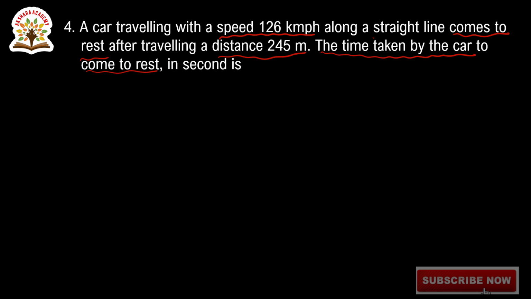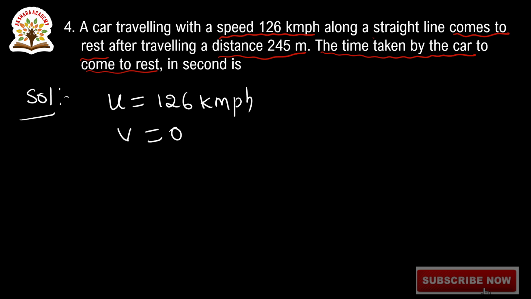So now let us come to the solution. In this question they have given the car is moving along a straight line and comes to rest, that is nothing but v is equal to 0. So first we are given u is equal to 126 km per hour, v is equal to 0 and s is equal to 245 meters.